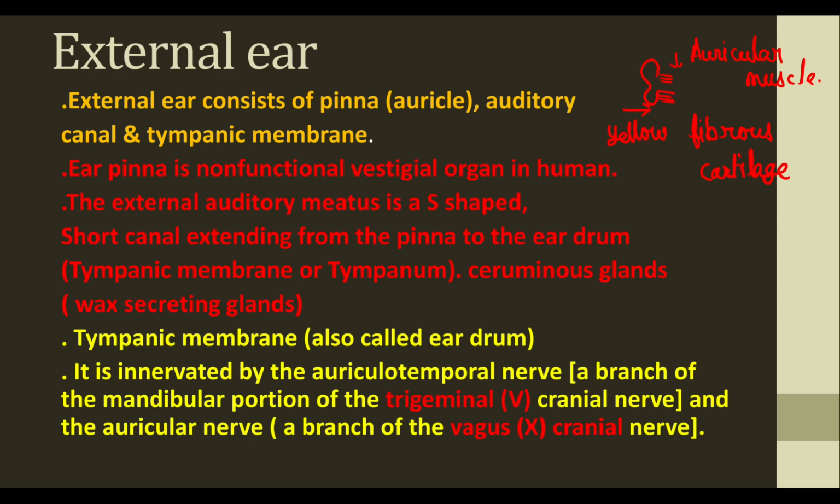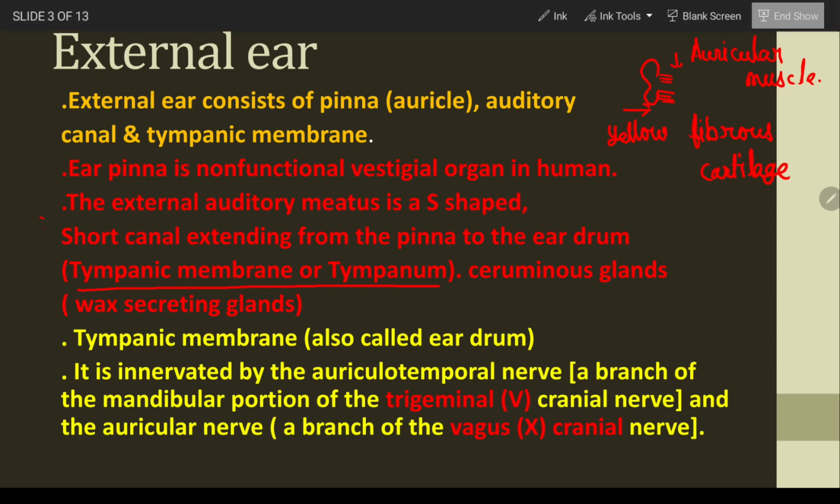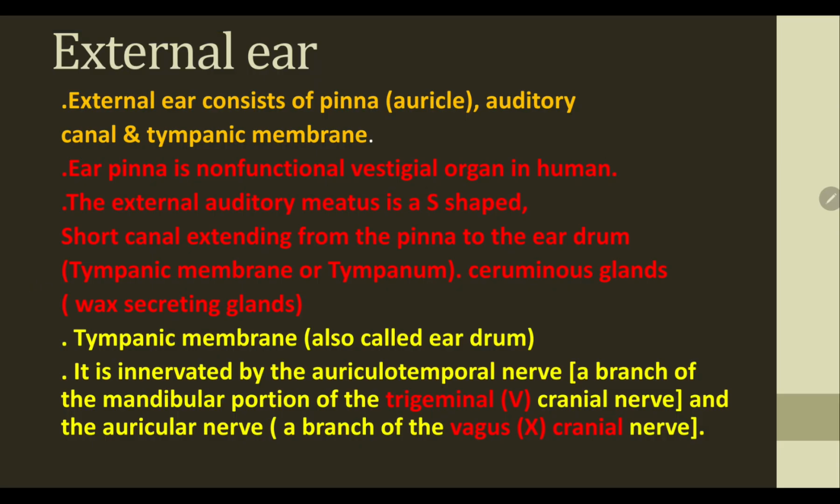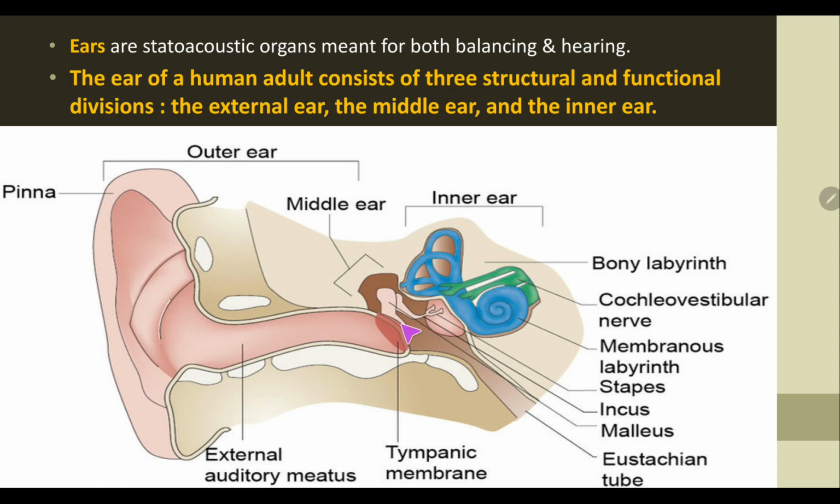Then sound enters a small canal which extends from the ear pinna and ends at the eardrum, or tympanic membrane. So this is the eardrum, and this is the ear pinna. From the ear pinna to the eardrum, this canal is called the external auditory canal.